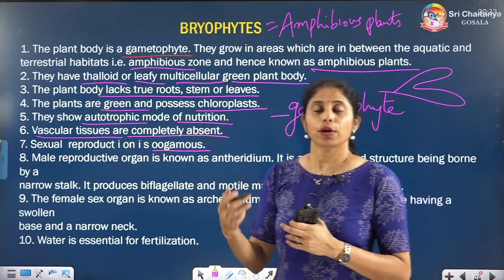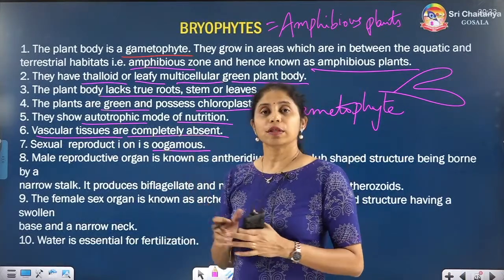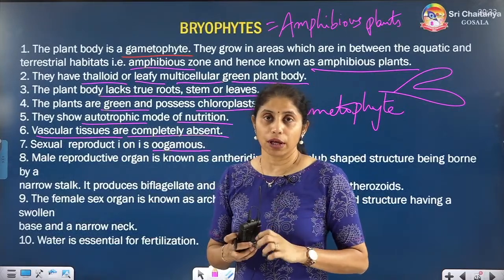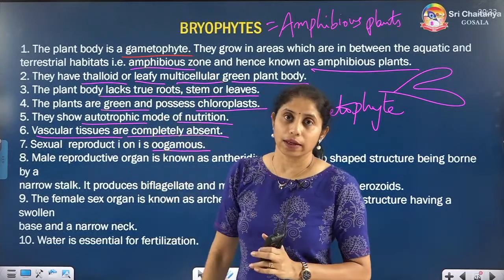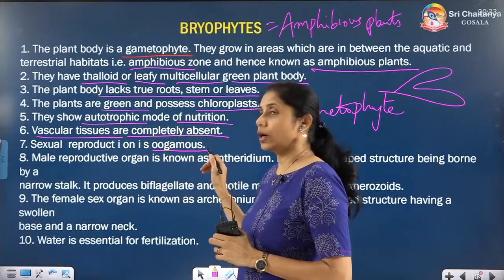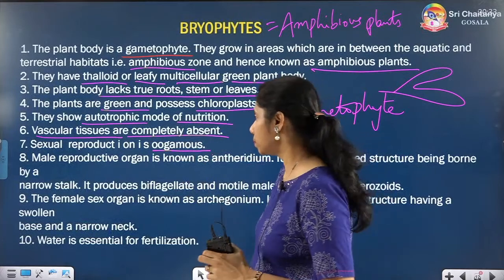Already I taught you what is isogamy, what is anisogamy, what is oogamy. Oogamous means nothing but a small male motile or non-motile gamete will be there, but a large non-motile female gamete is there. The fusion of that large and small gamete is called oogamy. So sexual reproduction is generally done by the oogamy type.